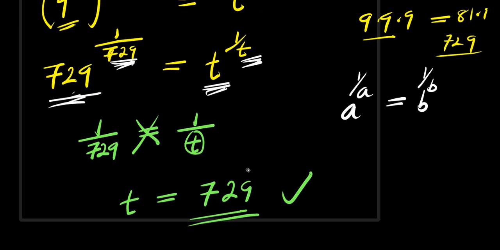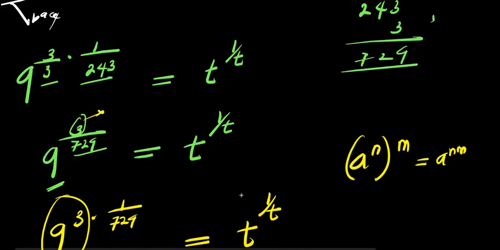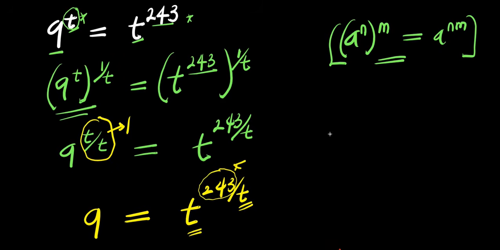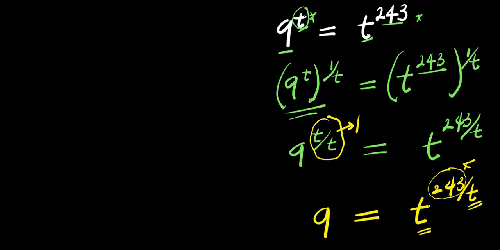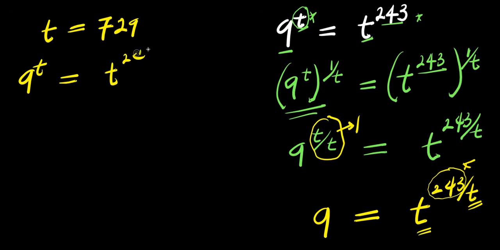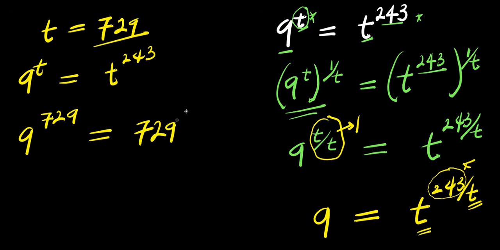Now the next thing we are going to do will be to insert this particular value back into the equation, and let's check if it's going to satisfy the equation. I have t equals 729. I have 9 power t equals t power 243. I insert 729 for t. 9 power 729 equals 729 power 243.